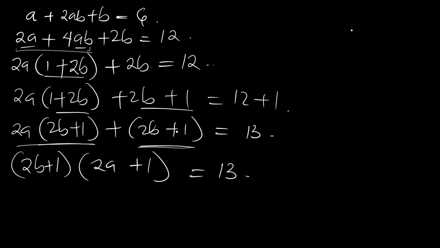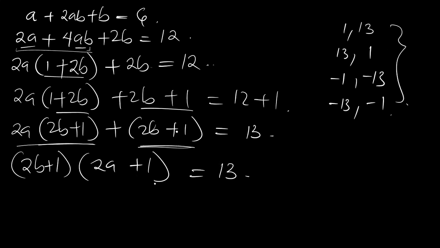Now, what are the factors of 13 that when you multiply them give you 13? You have 1 and 13, 13 and 1, minus 1 and minus 13, minus 13 and minus 1.